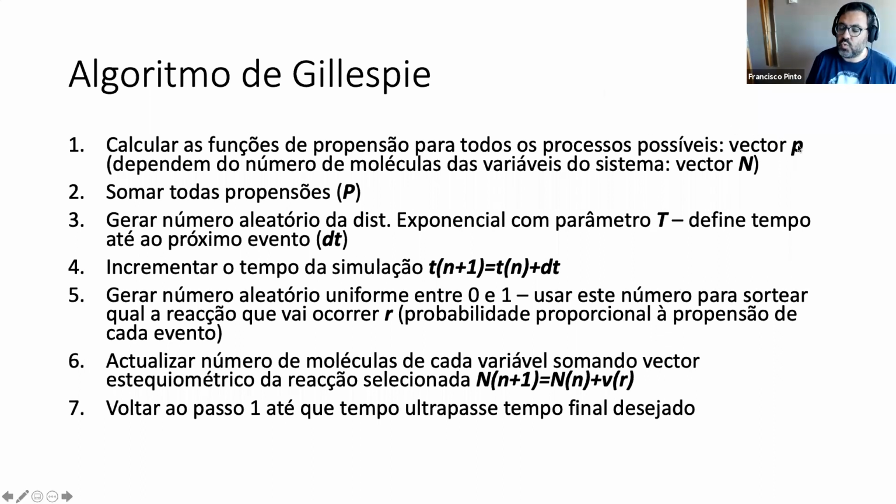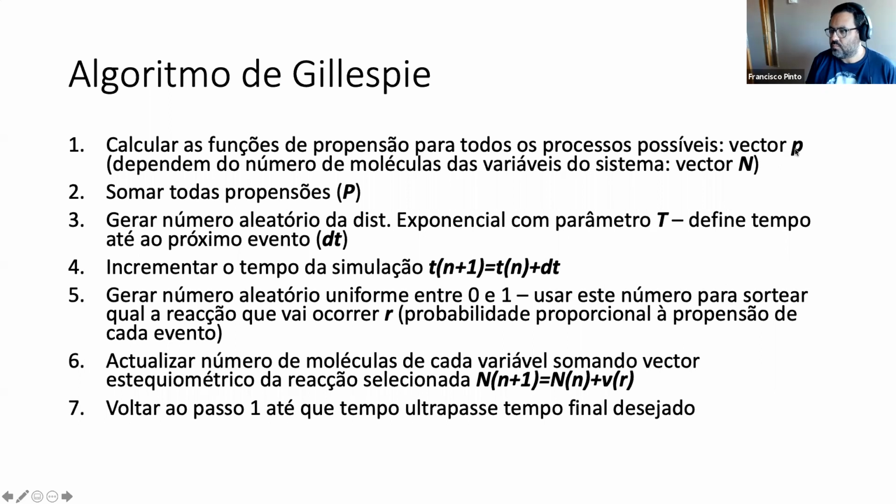But then you have propensity functions for all the processes, and you are going to compute a P vector that is going to have the propensity values for every different process that can occur in your system. That vector is computed with the propensity functions using the values of the parameters and the values within the vector n.